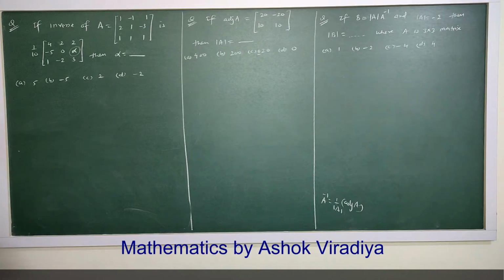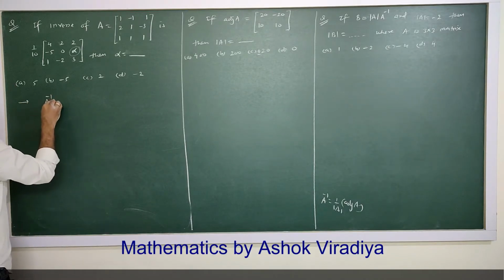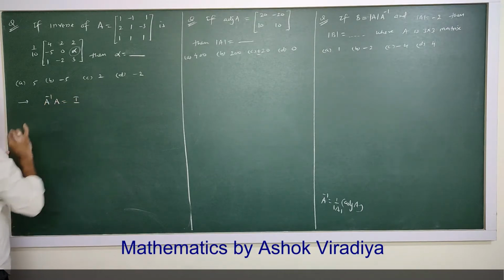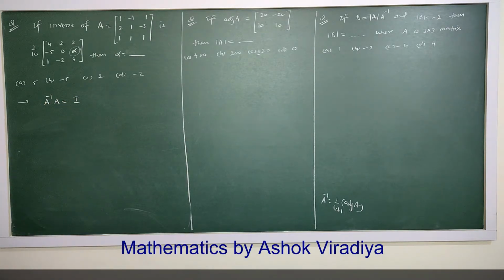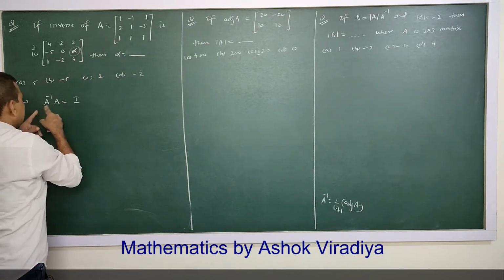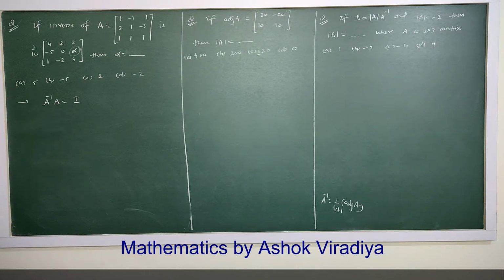तो शॉर्टकट से कैसे होगा? Say we know that inverse of A into A is the identity matrix. This is a property. I am using this property instead of using the formula because both values are given. So much more convenient.